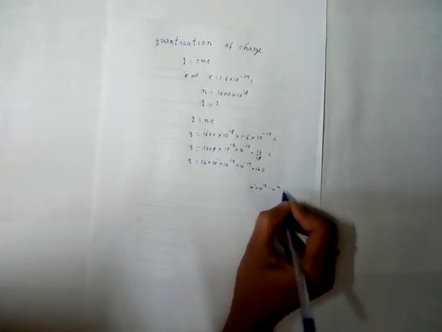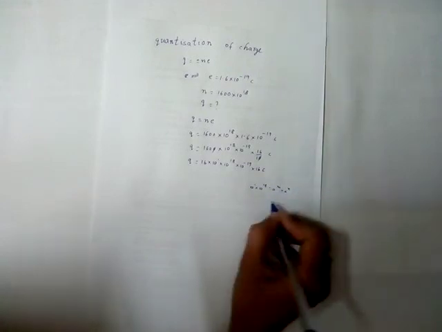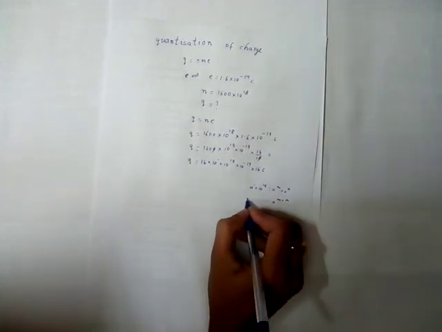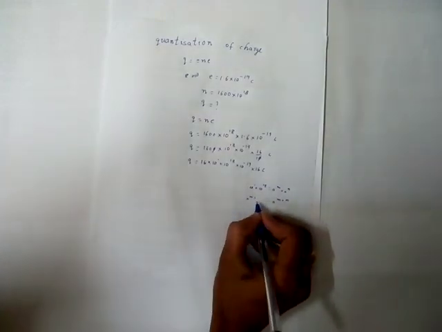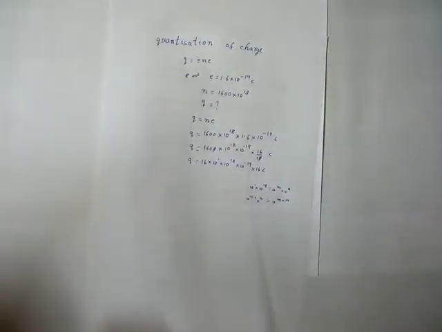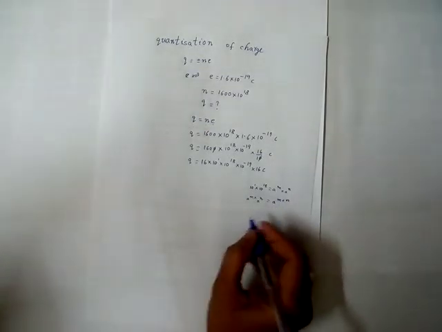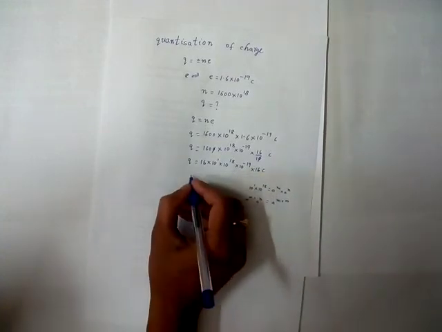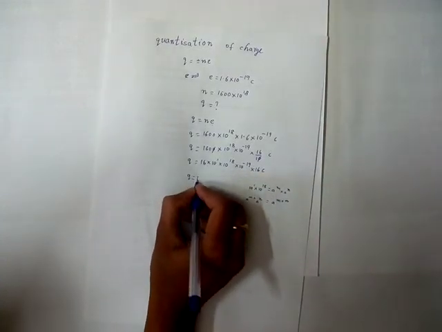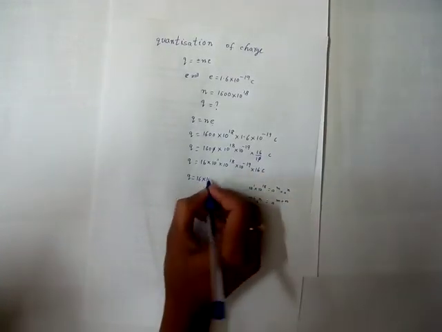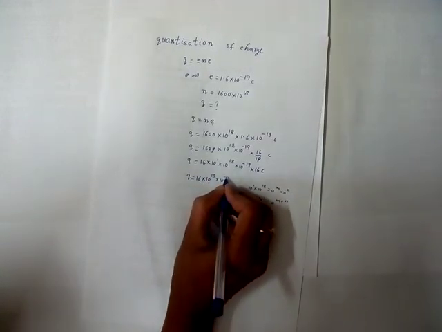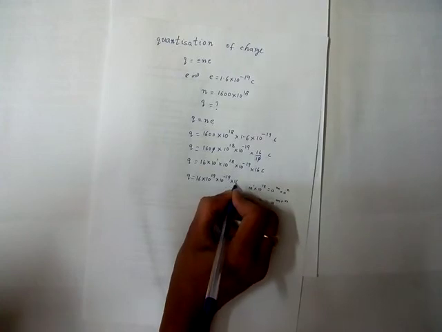A power m into a power n becomes a power m plus n. So 1 plus 18 will become 19. Q is equal to 16 into 10 to the power of 19 into 10 to the power of minus 19 into 16 coulomb.